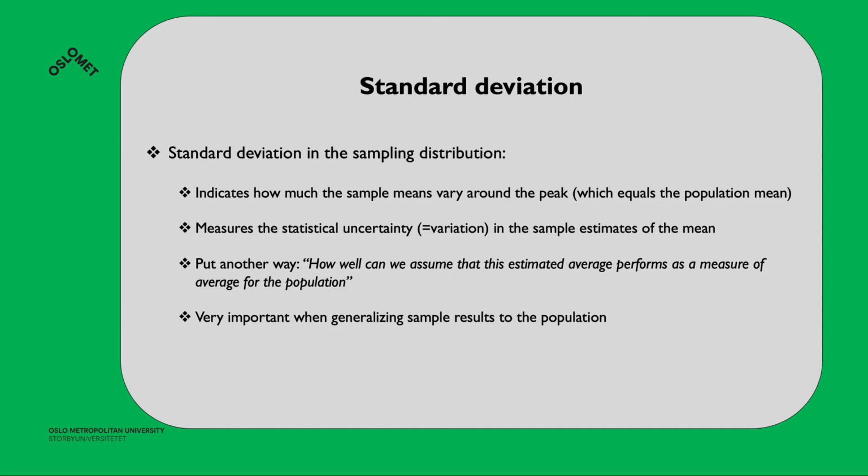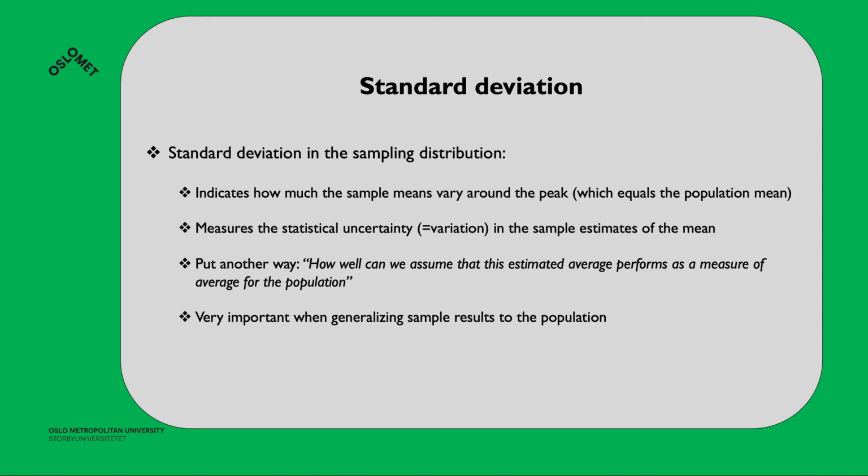So if we have a variable that we know is normally distributed in a population, but we only investigate a sample from that population, the standard deviation says something about how much the mean in our sample varies around it, or if we draw several samples from that population, the standard deviation will say something about how much the means in these different samples vary around the population mean.